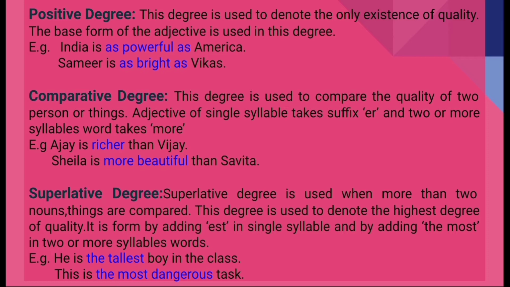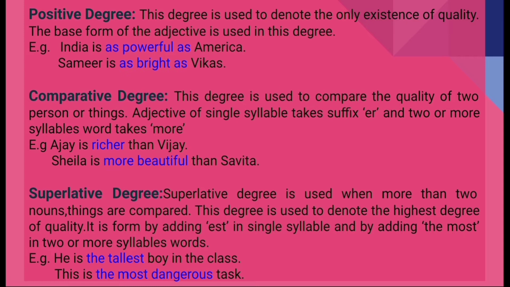So richer is your comparative form of the adjective. Shala is more beautiful than Savita. Here more beautiful is your comparative form of the adjective. Which one has three syllables? We can break this word, and so we have used more instead of er.